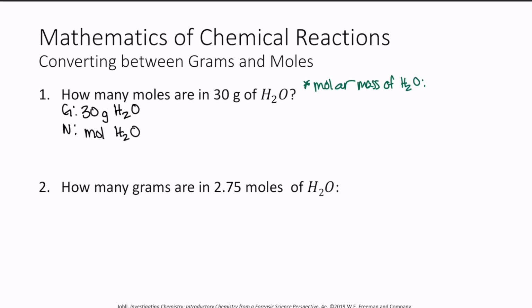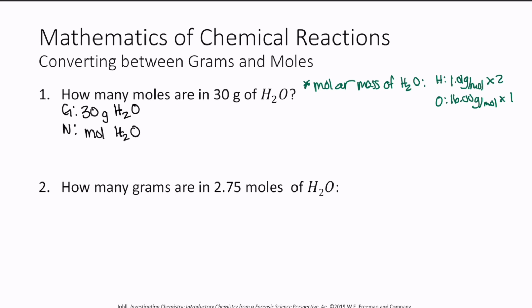Now, in water, I have hydrogen, and the molar mass of hydrogen is 1.01. And I have two hydrogens in my water. And then I can find oxygen, 16.00 grams per mole, and I only have one of those.